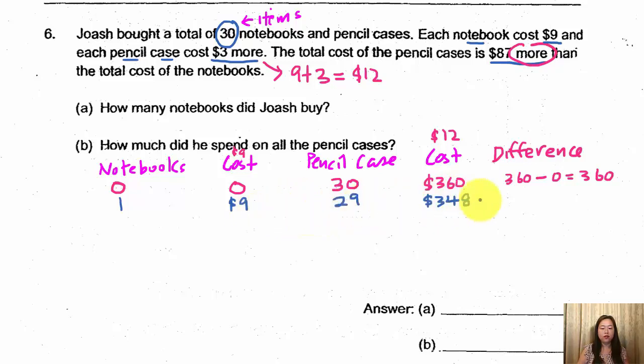So if we want to find the difference between the two, it will be 348 minus 9, and we will get 339.